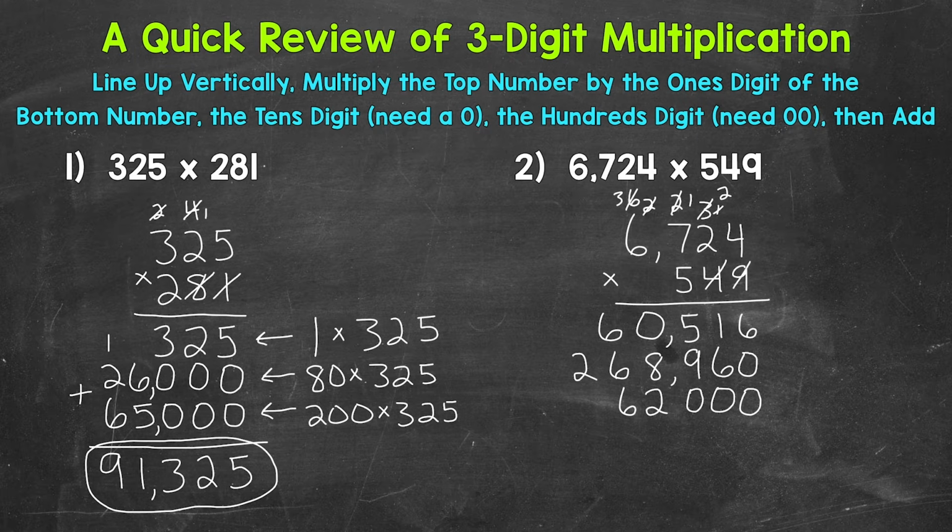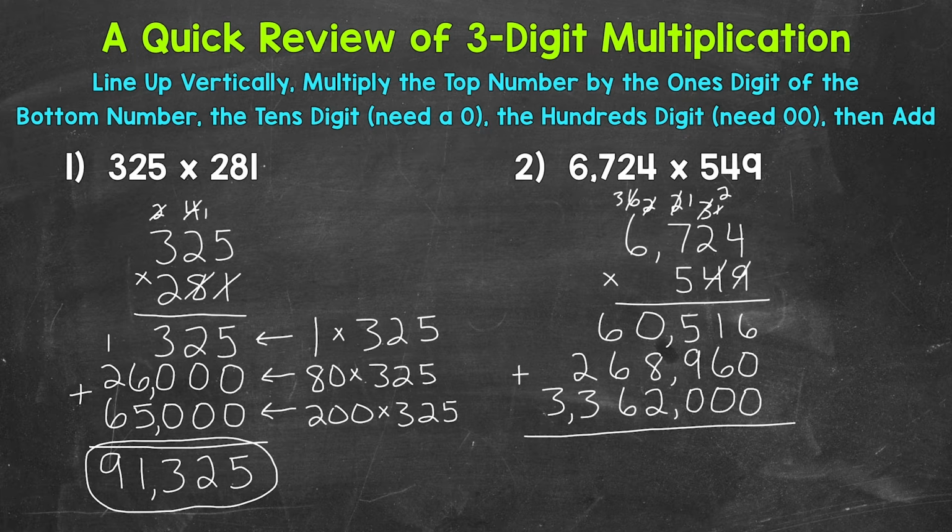Carry the 3, and then we have 5 times 6, which is 30, plus that carried 3 is 33. We will put a 3 here, and then the carried 3, there are no more places to the left, so we can bring it straight down. We can put a comma here, and then another comma here. And now we are ready to add.